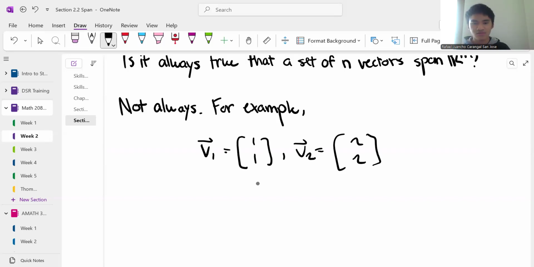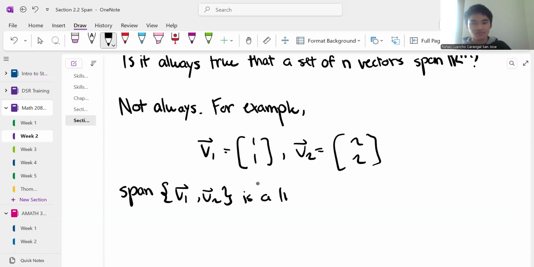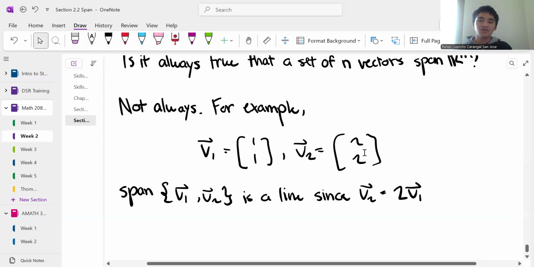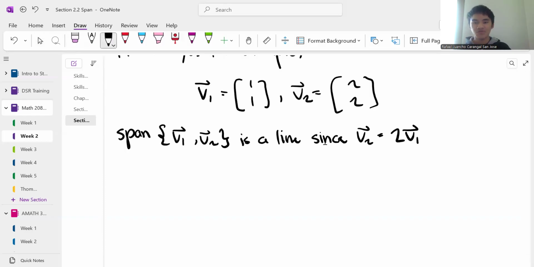Well, if you think about it, the span of these 2 things is a line, since V1, or actually V2 in this case, is actually just twice of V1. So these are scalars of each other. You can multiply 2 to V1 to get V2. So they are literally spanning the same line.